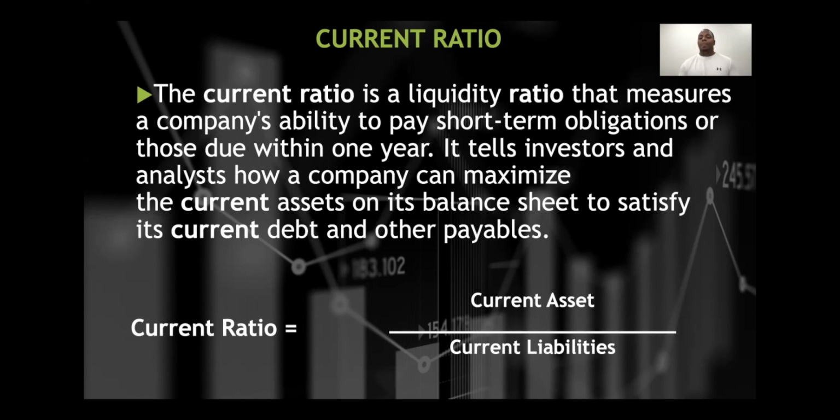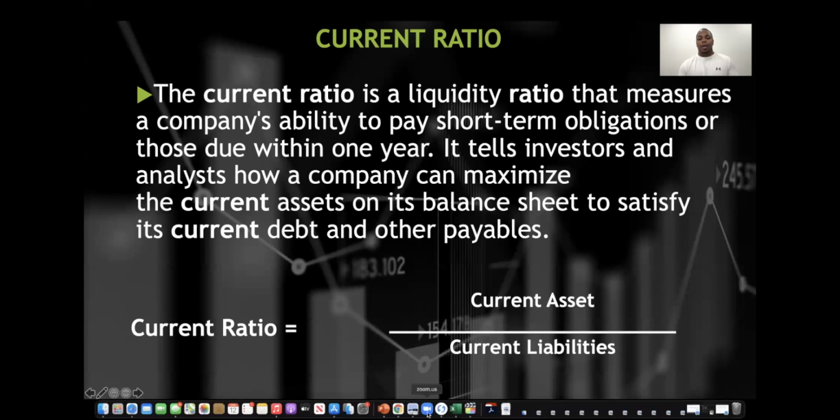If any circumstance came up, can they pay all their bills within 1 year? It tells investors and analysts how a company can maximize its current assets on its balance sheet to satisfy its current debts and other payables that need to be paid. The way to do that is we take your current ratio, right? The current ratio equals current assets divided by current liabilities, right?